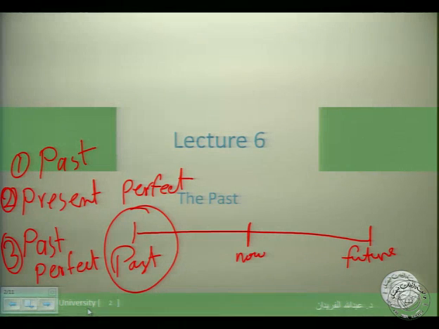They all express something that happened in the past, but there is a slight difference between them. The past is something that happened, let's say, a very long time ago. The present perfect is something that happened just now.